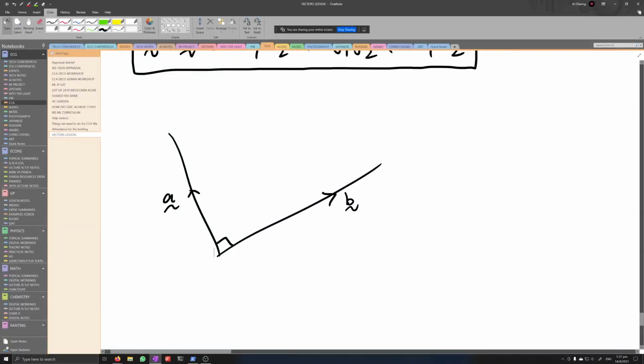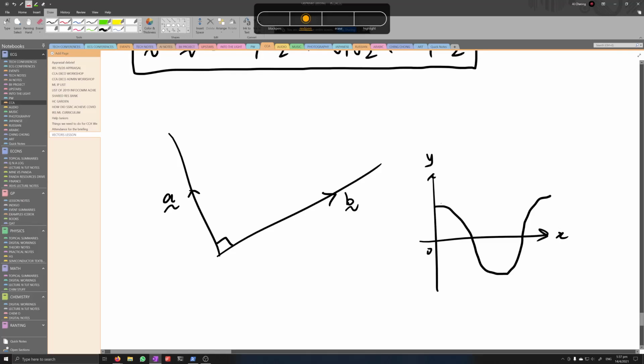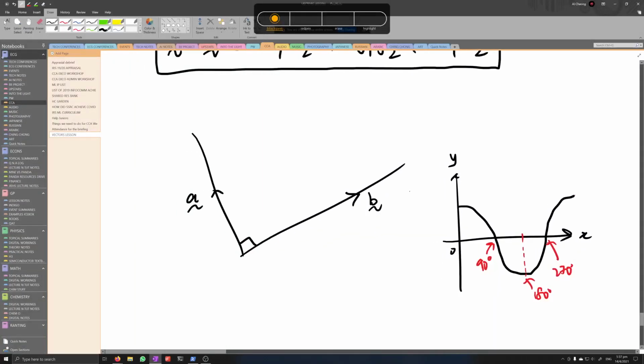Now, we know from y equals cosine x, your graph is there. It is a very terrible cosine graph, but yes, here we have 0 degrees, here we have 90 degrees, right? Here we have 180 degrees, 270 degrees, 360. Okay?